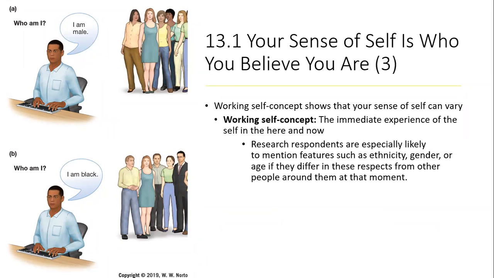That being said, if we were to look at him working in a setting where he works with all white individuals, he probably is going to define himself as being black because that is the difference between him and the other individuals. So it's really going to vary from situation to situation and who is around us in terms of how we're going to identify ourselves.